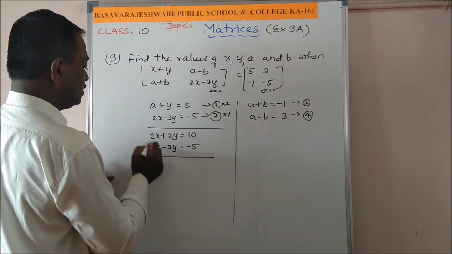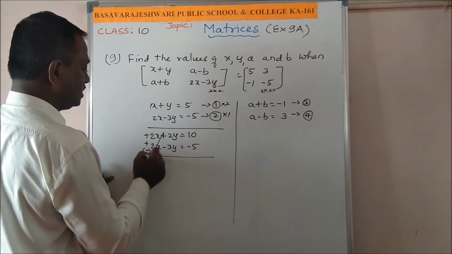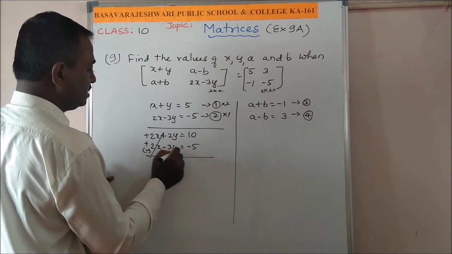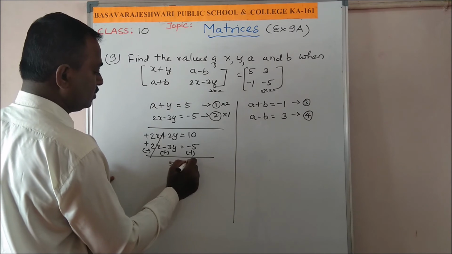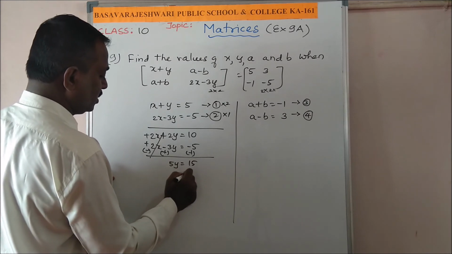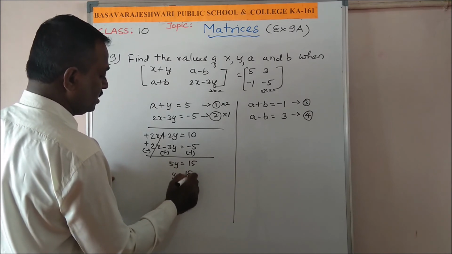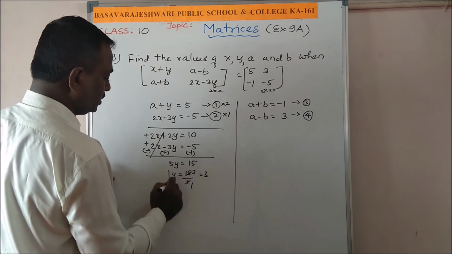Okay? So subtracting, the 2x cancels, and 5y is equal to 15. y is equal to 15 by 5, that is equal to 3.